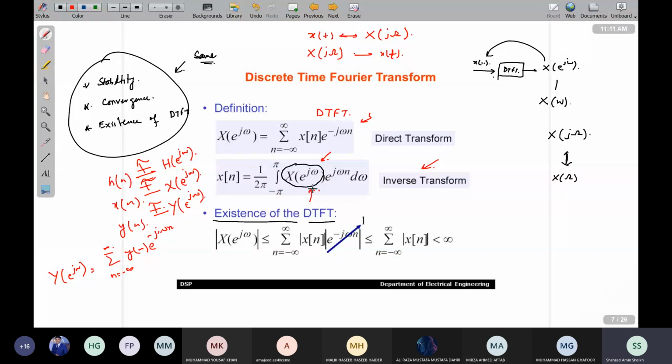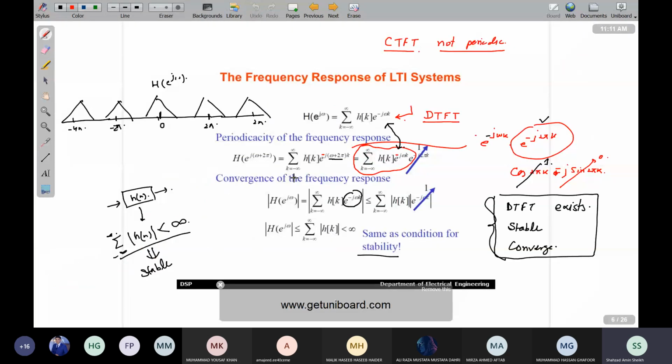And Haseeb's answer is correct: x of exponential j omega is a continuous quantity, so that's why we are not using the summation sign in this formula, and we are integrating it from minus pi to pi because we have already talked about the periodicity of this thing. h of exponential j omega or x of exponential j omega or y of exponential j omega, that's a periodic thing, and the unique part you actually see is between minus pi and pi.